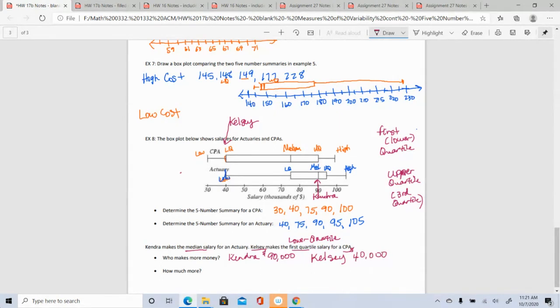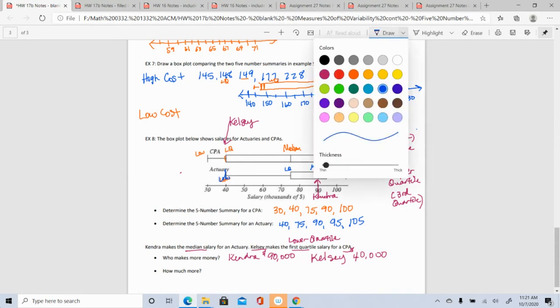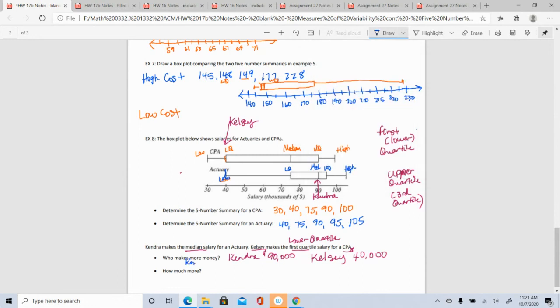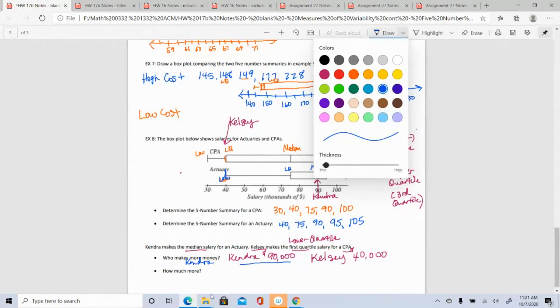It says how much more. Oh, and actually we didn't say who makes more money. It's Kendra. How much more? We just subtract them out. 90,000 minus 40,000, yeah, 50,000 more.